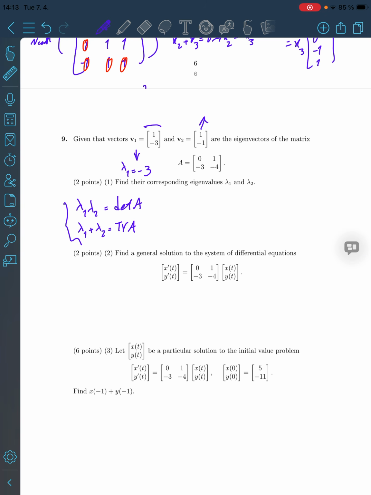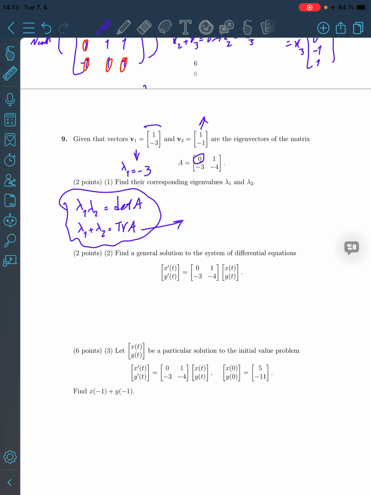You should always keep in mind, and this is true in general: the multiplication of all the eigenvalues is equal to the determinant of A, and the trace of A is equal to the summation of all the eigenvalues. So for this case, because you already have lambda 1, you can just say, what is the trace of A?